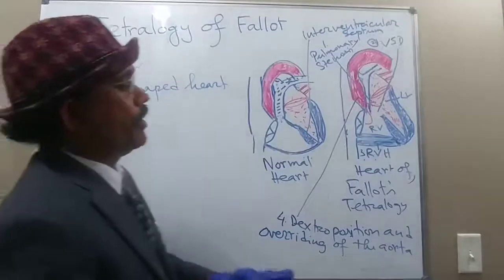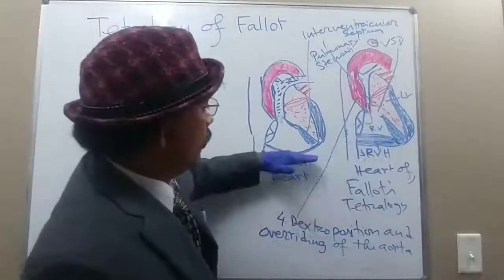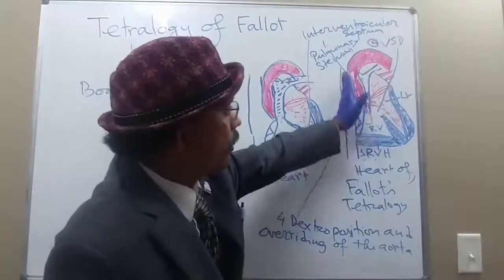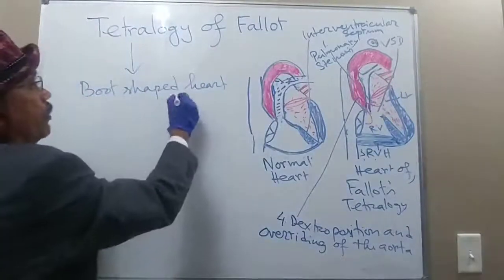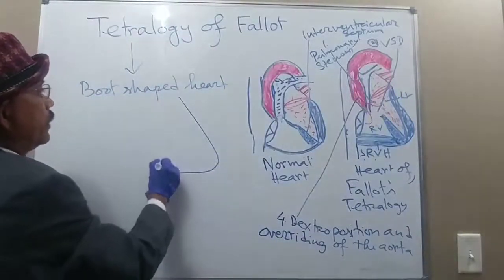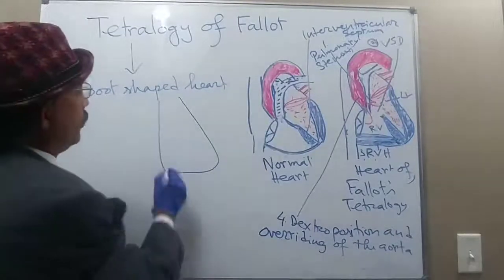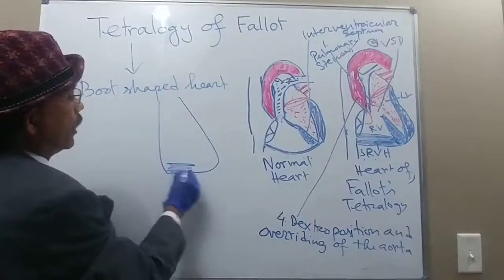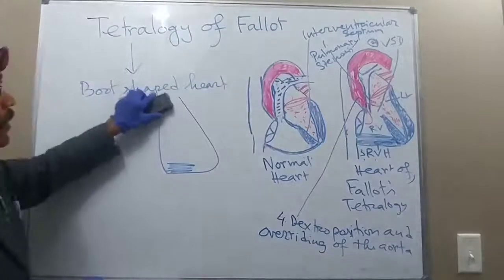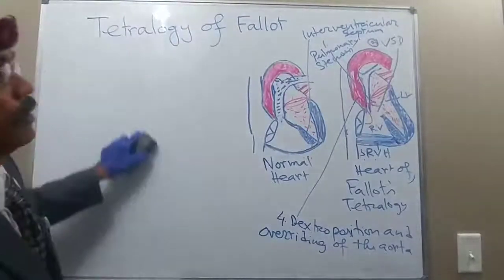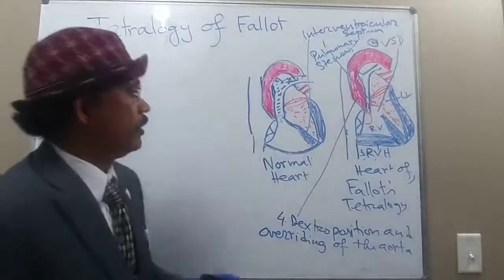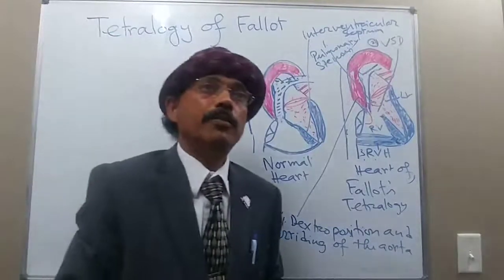Because the right ventricle will be hypertrophied, so it looks like a boot shape, because of hypertrophy of the right ventricle. So we get a boot-shaped heart on radiological examination.